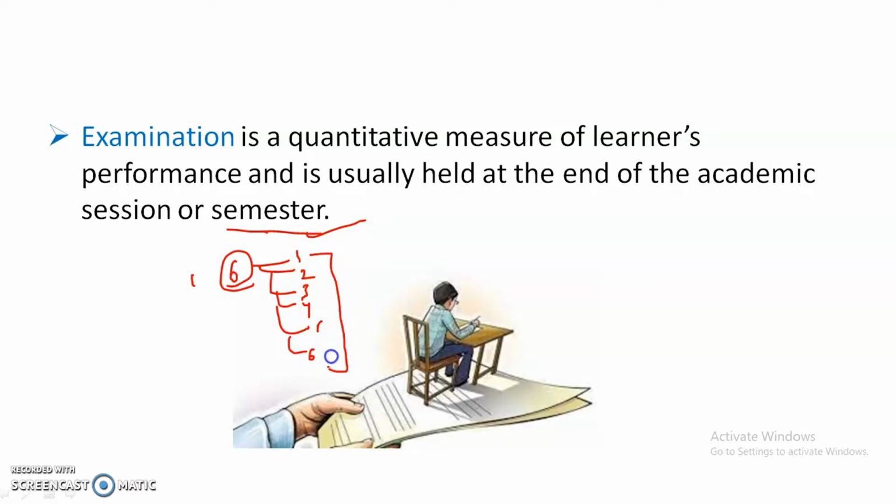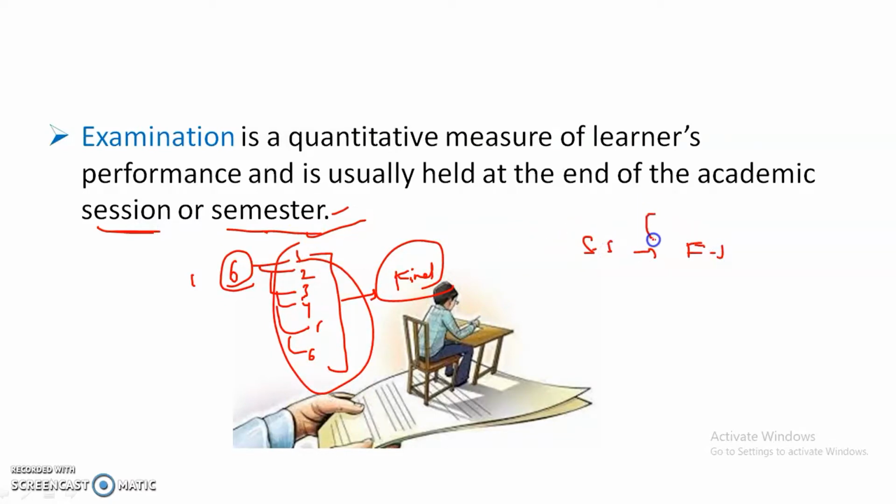So after completion of this entire syllabus, we are going to conduct one final exam of that semester. Okay, and the academic session can be taken as follows. For this entire process, starting from the beginning of the semester to the end of the semester, if 6 months of time is there, then within the 6 months, for every 1.5 months, a few colleges or universities are going to conduct the midterm examination.